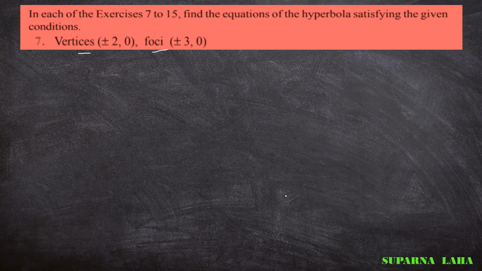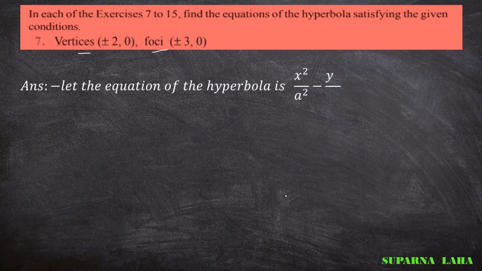So we can say that the transverse axis of the hyperbola is the x-axis. So we can take the equation of the hyperbola as x square upon a square minus y square upon b square is equal to 1. Then what is given to you? a is 2 and a into e is 3.